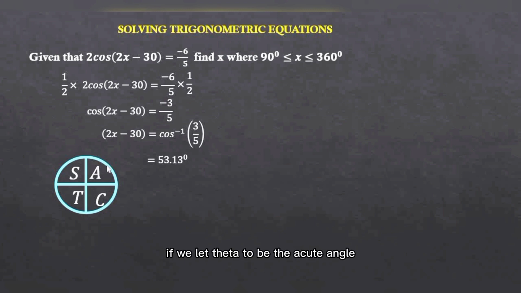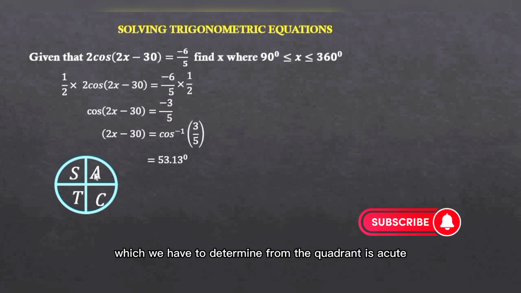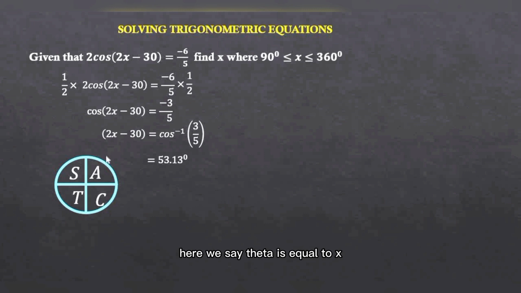If we let theta be the acute angle as we've determined for our case here, then the angle x, which we are to determine from the quadrant, is acute. So here we say theta is equal to x. x is the angle to be determined in each and every quadrant. So here x is acute.